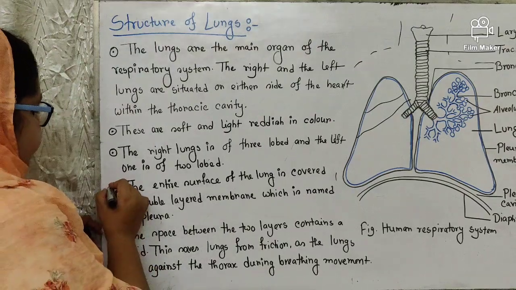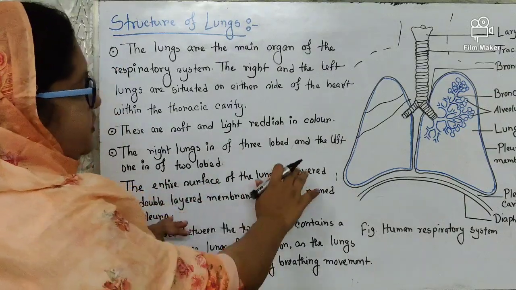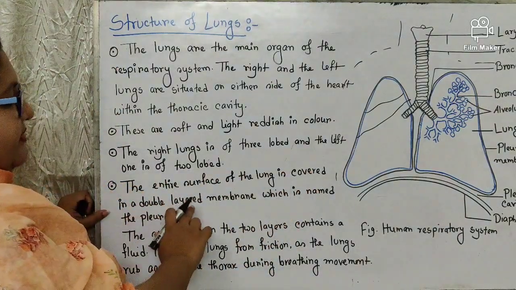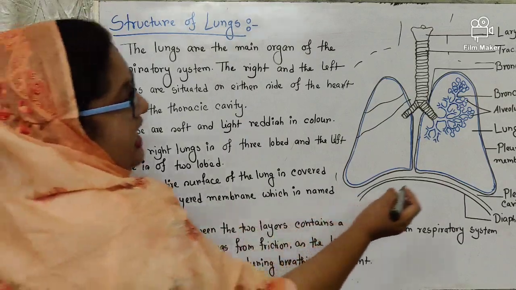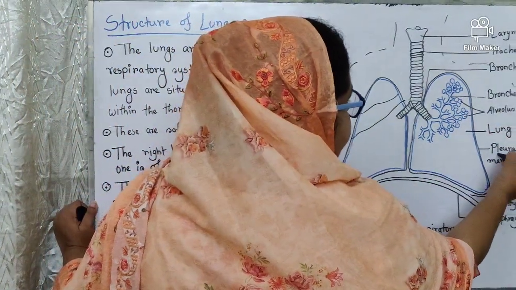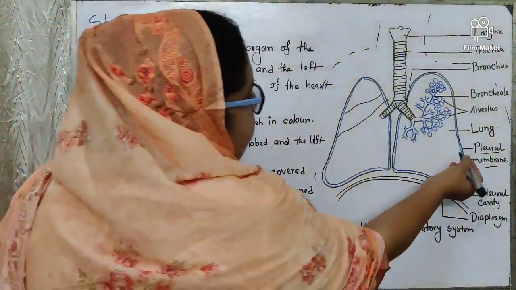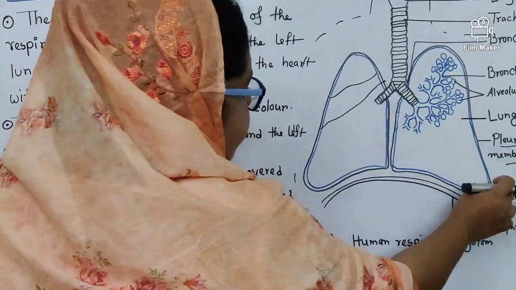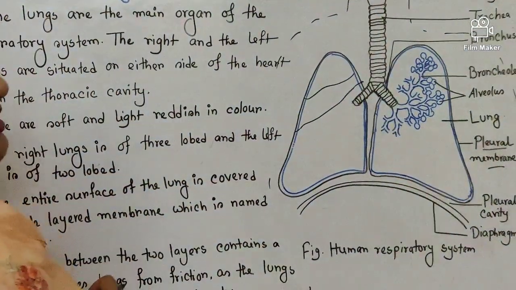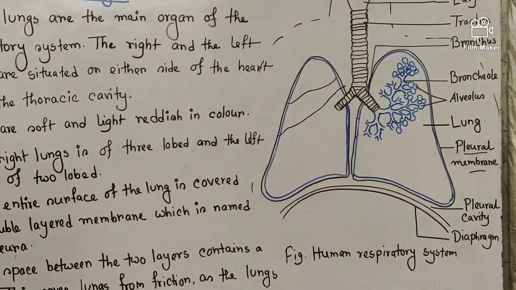The next point is the entire surface of the lung is covered with a double layered membrane which is named as pleura. I have told you that there is a membrane which is known as pleural membrane. I have indicated here by blue and black color. So this is a double layered membrane which surrounds the lungs. This is known as pleura or pleural membrane.